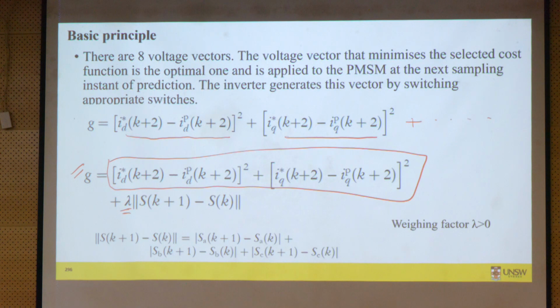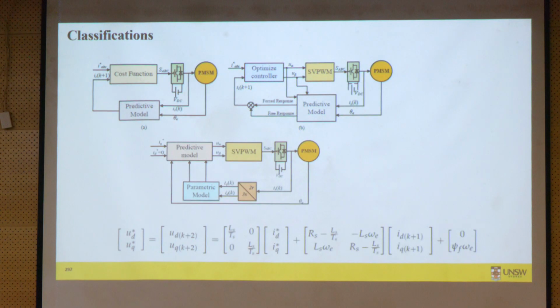Next, another problem with this, as we have talked about: when we use a cost function, you are applying discretized space vectors, similar to DTC. So you could have the same problem as DTC, high torque ripple.